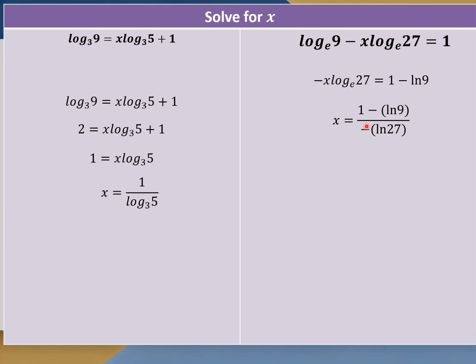I'll clean this up by changing the signs on top. So this one will be negative and this will be positive, just to get rid of the negative on the bottom. I can switch these two around as I'm adding. So it becomes ln 9 minus 1 over ln 27.